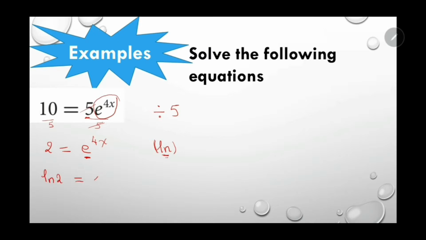So ln 2 equals ln e power 4x, which will be just 4x because this is the exponent of the e. So to get rid of the 4, we have to divide by 4 on both sides to get x. So x will be equal to ln 2 divided by 4. And we can use the calculator to find the result.